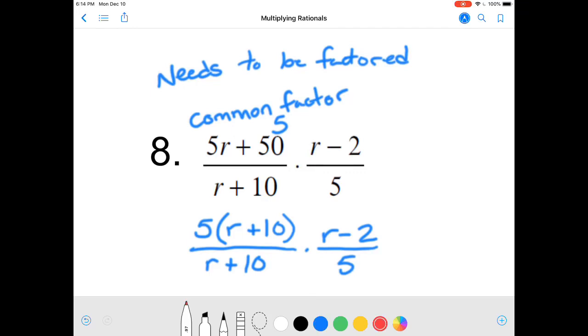We're going to be able to cancel out the common factor of r plus 10 in the numerator and the denominator, and also cancel out the common factor of 5 in the numerator and the denominator. All we have left is r minus 2, which is our answer.